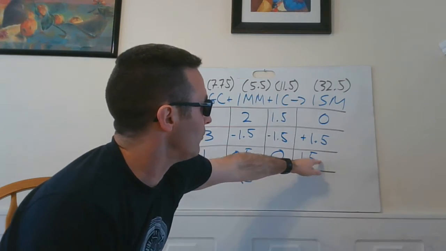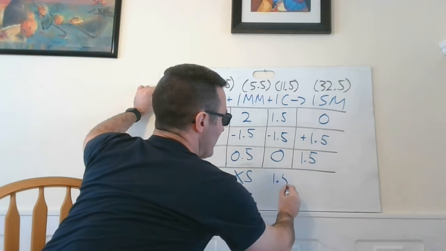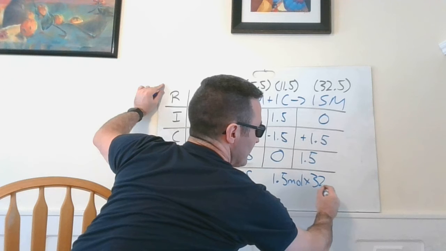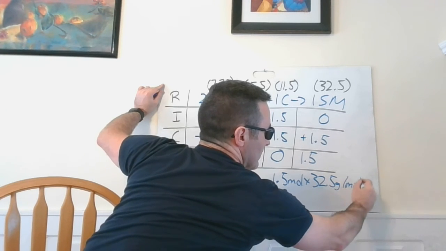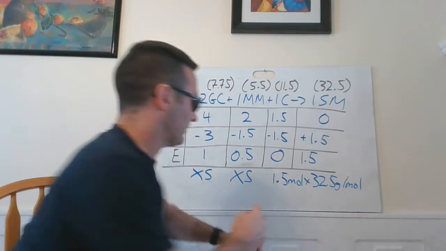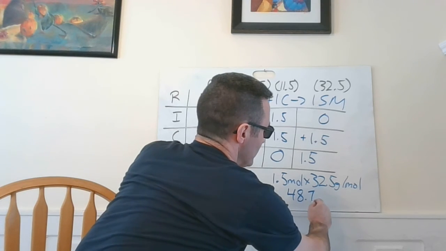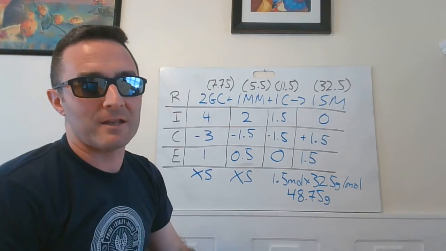You take your moles and multiply by your molecular weight. So 1.5 moles times 32.5 grams per mole. You've done that before, and it turns out it's 48.75 grams, just like the complicated math method.